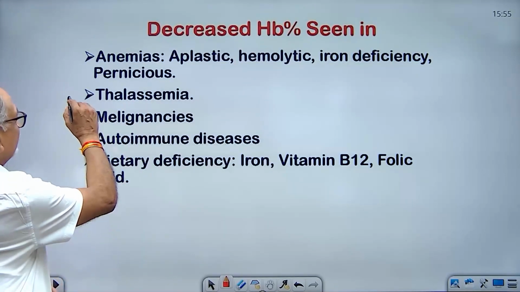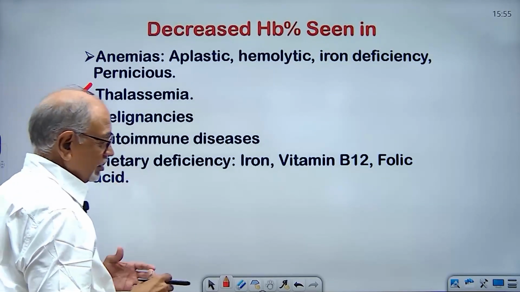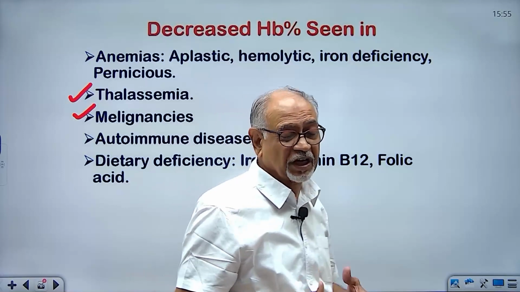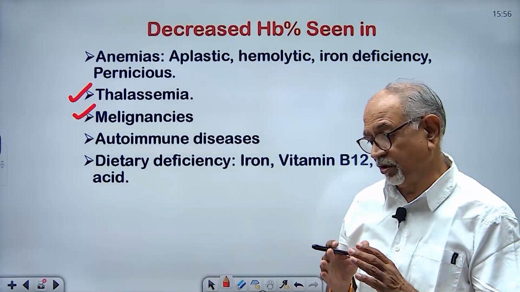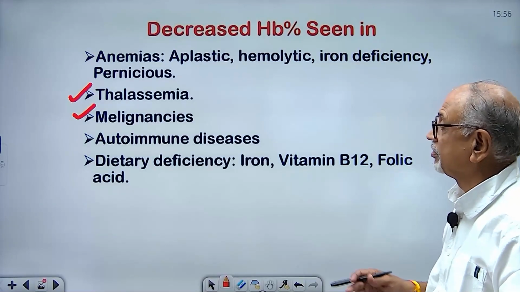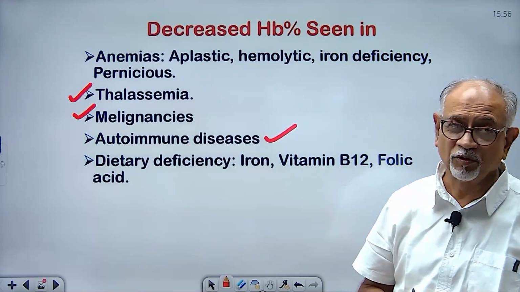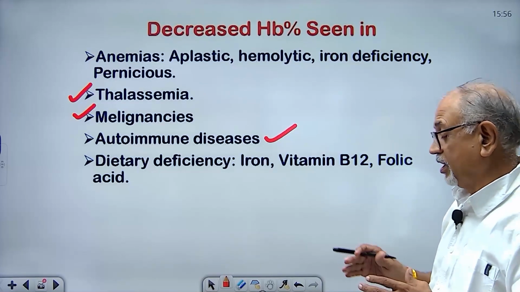In thalassemia, it decreases. In various types of malignancies, the cancers, in those cases also the hemoglobin percentage decreases. In certain cases of autoimmune diseases, hemoglobin percentage decreases.